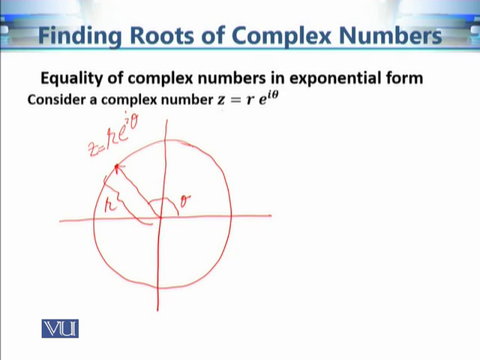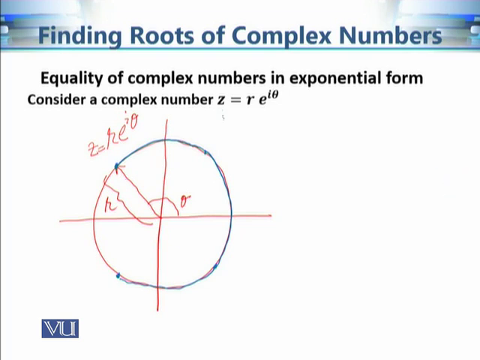And of course, if I increase or decrease this theta, then we will be moving away from this point. If I increase theta, then I will reach this point, and if I increase more, then I'll reach this point, and so on. But if I increase theta by 2 pi, then I will be reaching the same point.